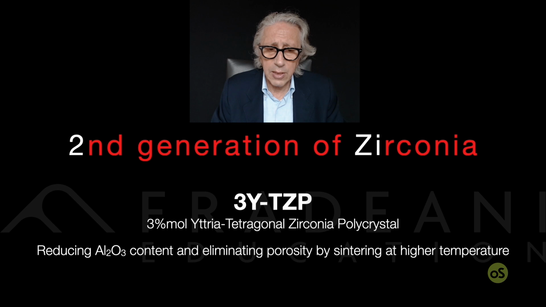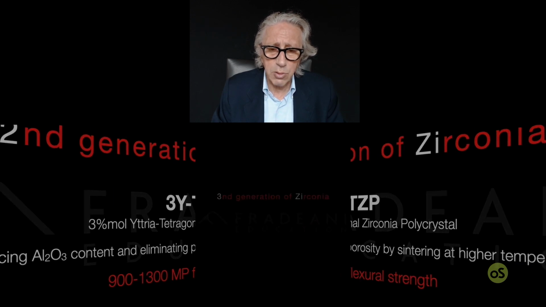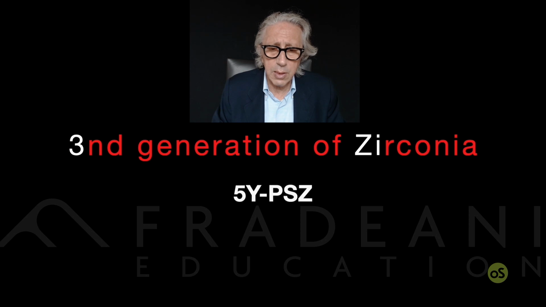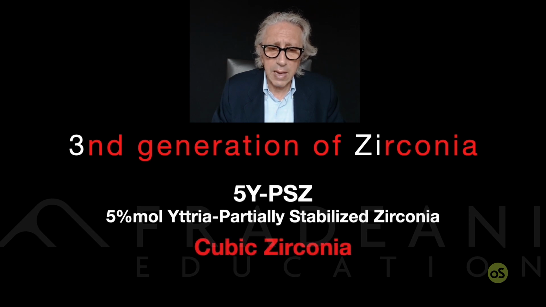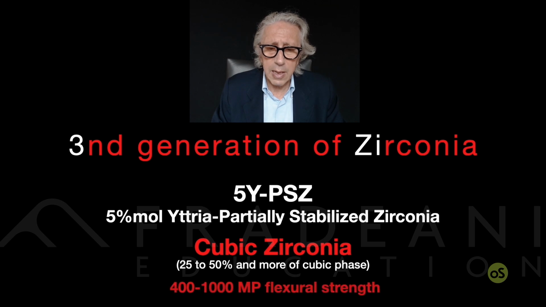At this point, we have less strength, which becomes around 900 to 1300 megapascal, with some less opacity. But the big transformation is today with the third generation of zirconia, with the 4 or 5 molecules of yttria, also called cubic zirconia, with 25 to 50% or more of a cubic phase. It creates a different flexural strength, from 400 to 1000 megapascal.